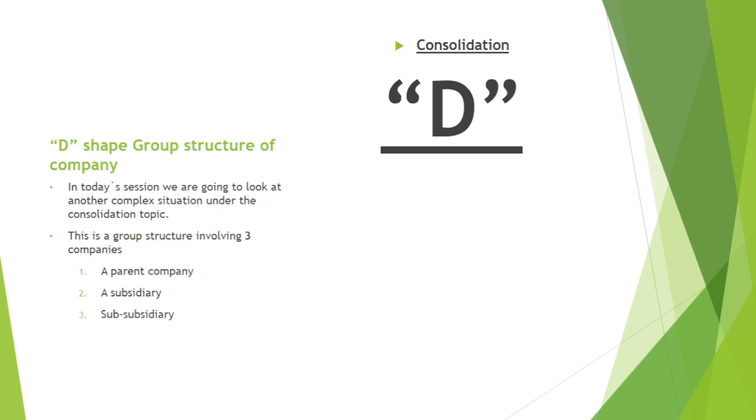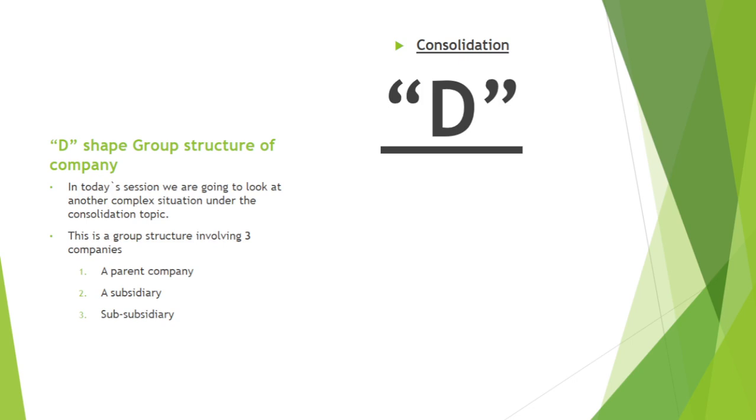This is another topic which is also known as a D-shaped group consolidation. The D-shaped group consolidation involves three companies: a parent company, number one, a subsidiary, number two, and a sub-subsidiary, number three.